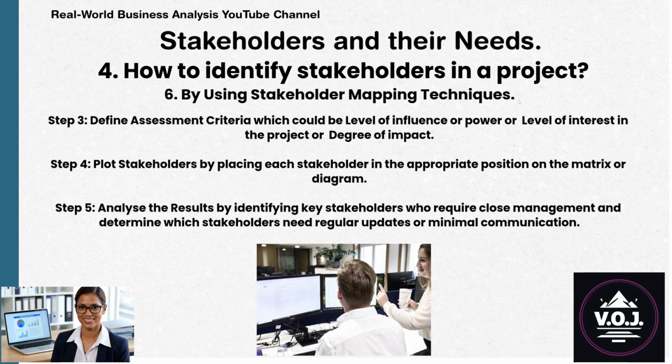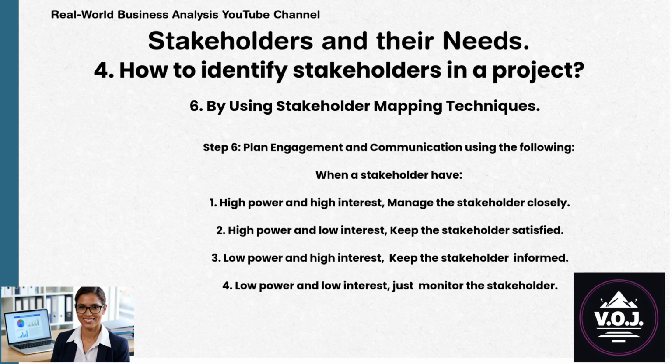Step 4. Plot stakeholders by placing each stakeholder in the appropriate position on the matrix or diagram. Step 5. Analyze the results by identifying key stakeholders who require close management and determine which stakeholders need regular updates or minimal communication.